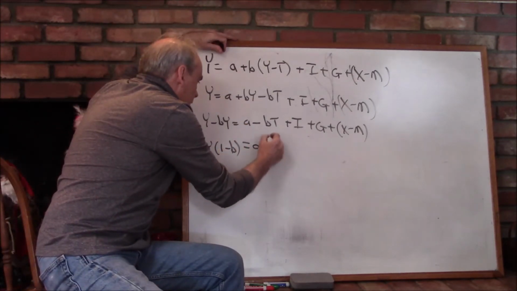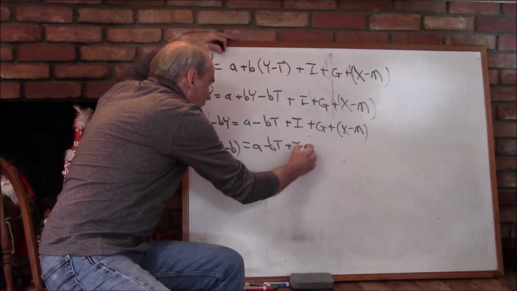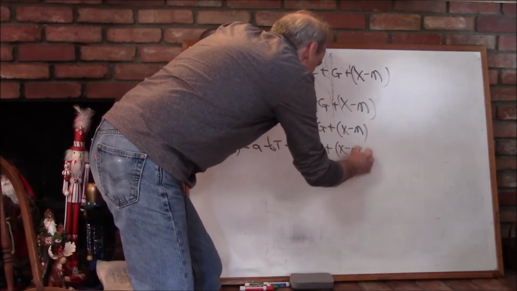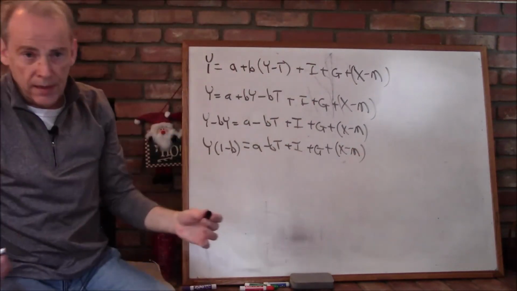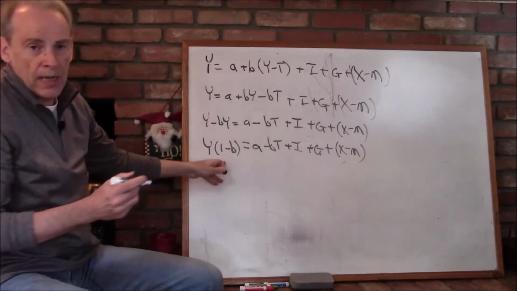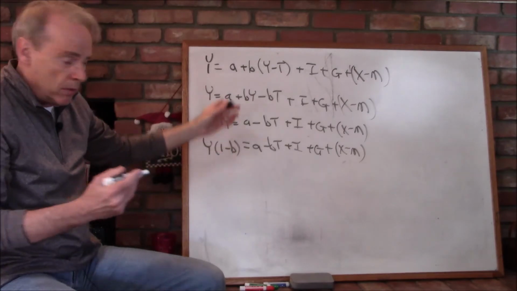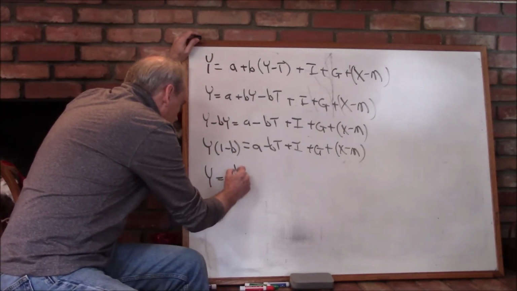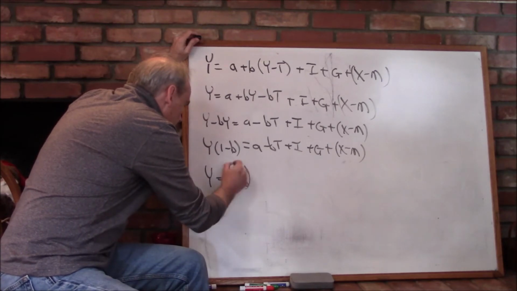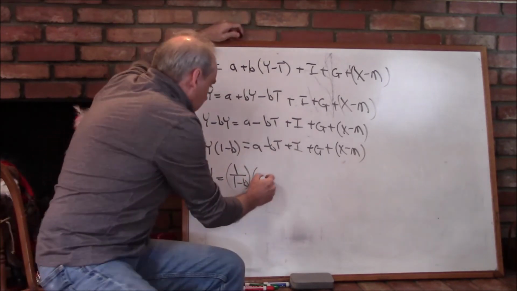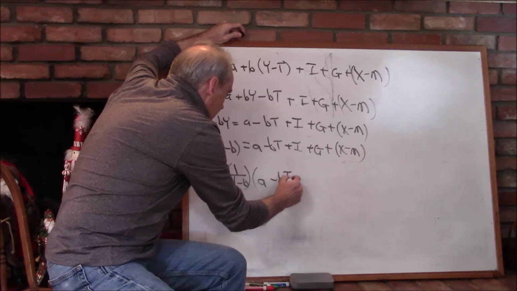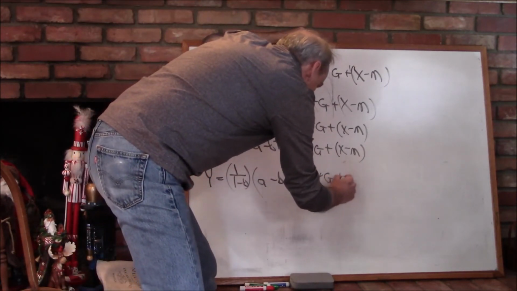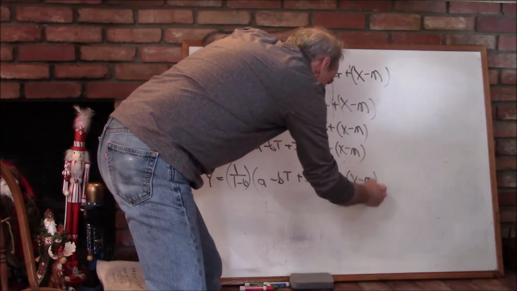Y times 1 minus B equals A minus BT plus I plus G plus X minus M. And then divide both sides by 1 minus B, or in other words, multiply both sides by 1 over 1 minus B. Y equals 1 over 1 minus B times A minus BT plus I plus G plus X minus M.